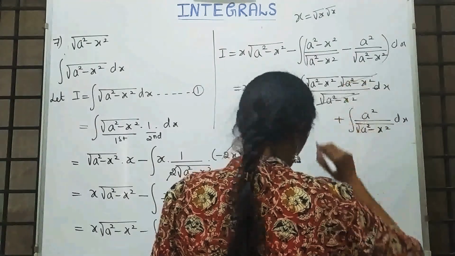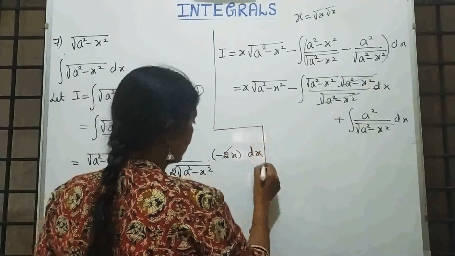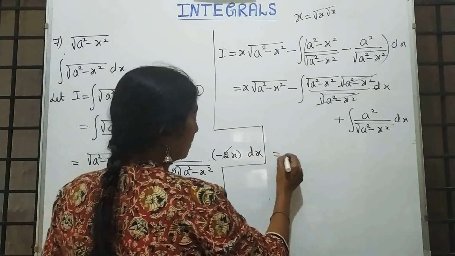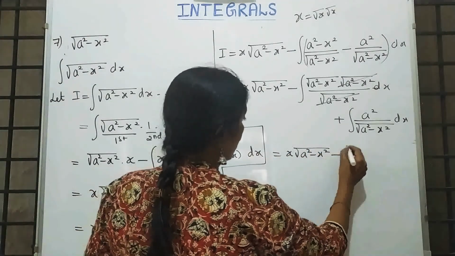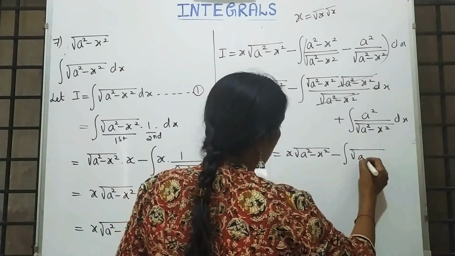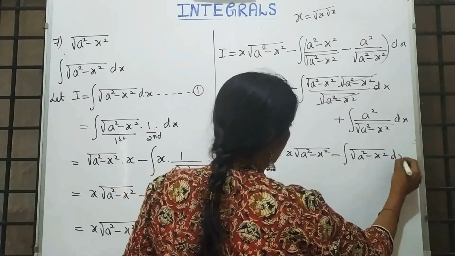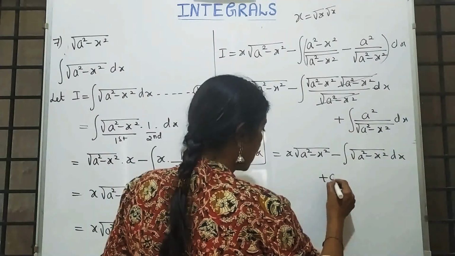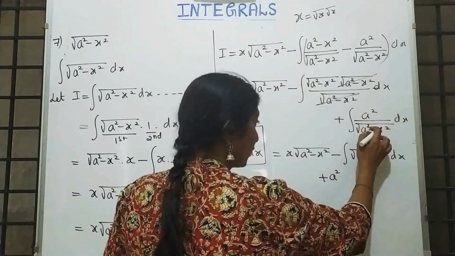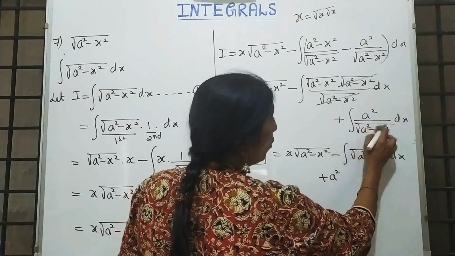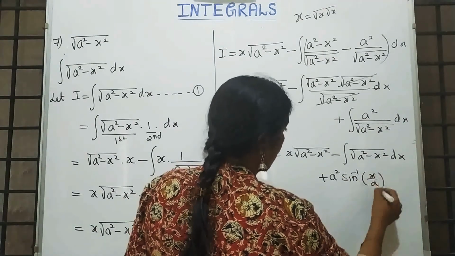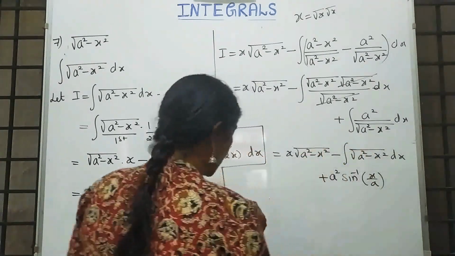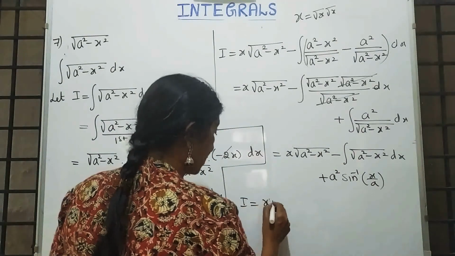These terms get cancelled. x into root of a square minus x square minus root of a square minus x square into dx plus a square constant. You are familiar with 1 upon root of a square minus x square, sin inverse x by a. And what about this integration? That integration is I from equation 1.